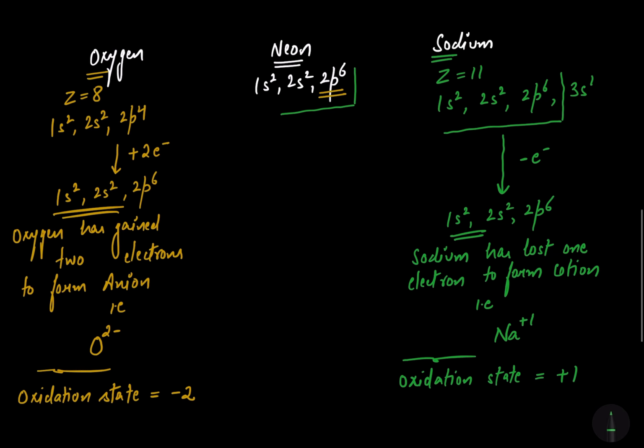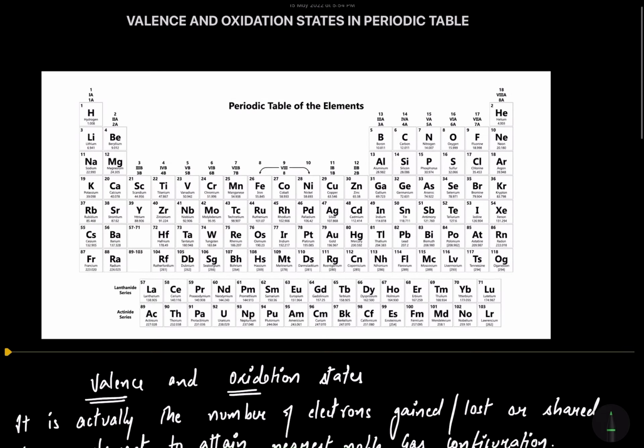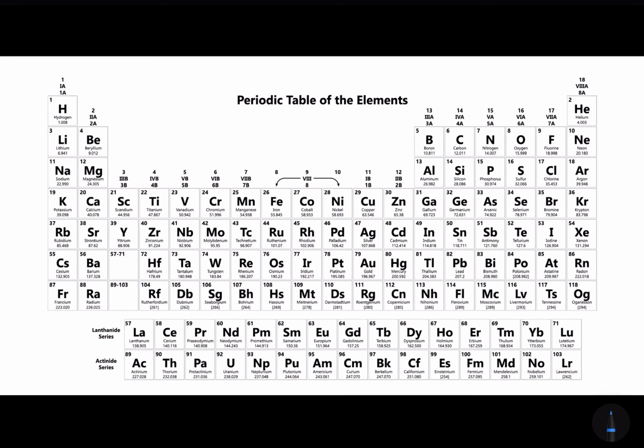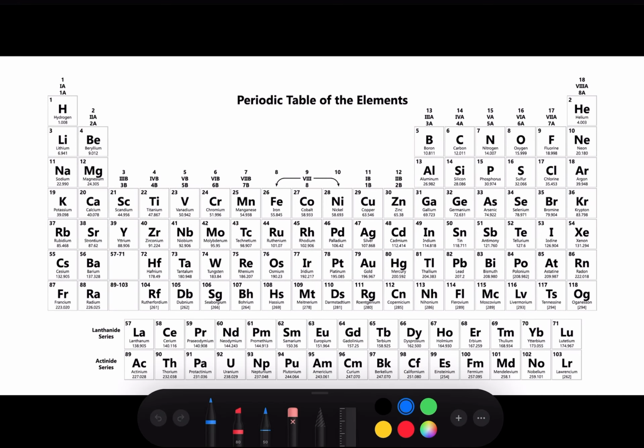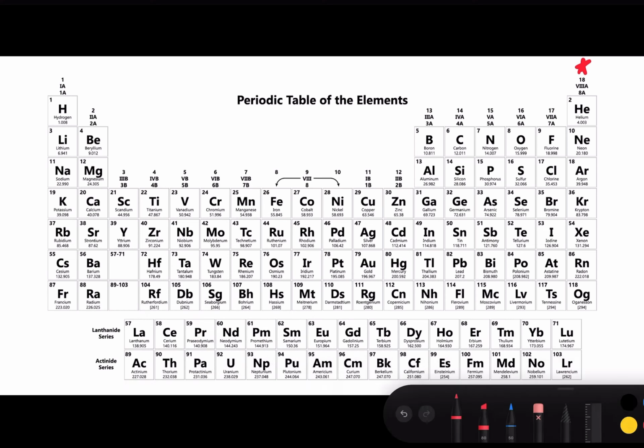So now let's discuss in detail all the groups and their oxidation states in the periodic table. Let's come to the periodic table first. Here the noble gas configuration is group number 18. Group number 18 has the stable noble gas electronic configuration.